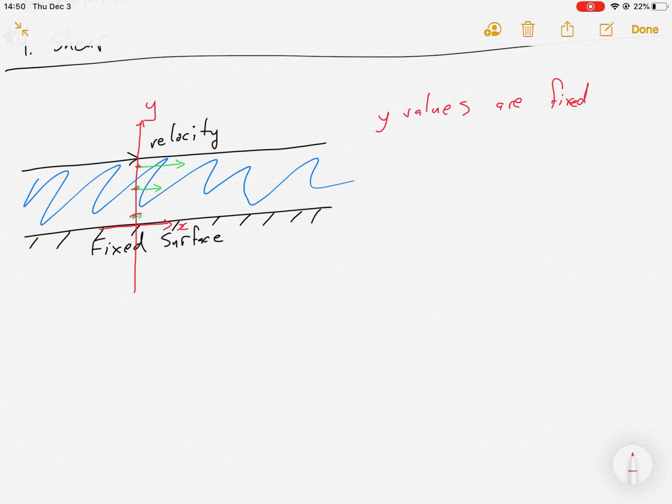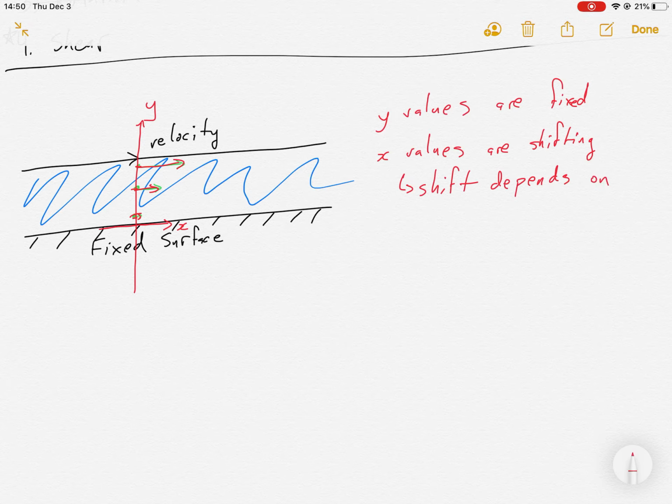And the x values are all getting shifted to the right. So the x values are shifting. And the shift actually depends on how far we are in the y direction.